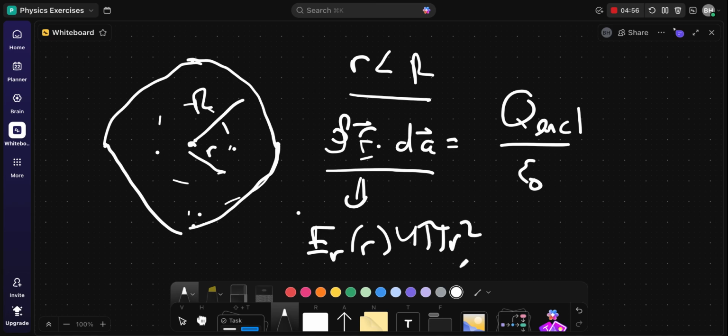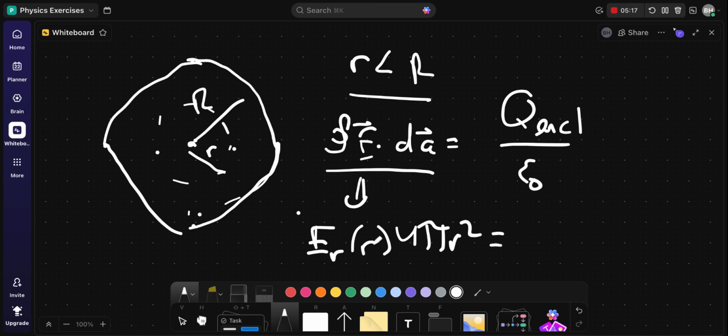This formula is going to be true for our second part of this exercise when the Gaussian surface is outside the sphere. But in that case, we have to keep in mind that small r is greater than capital R, and the enclosed charge will in general have a different formula.